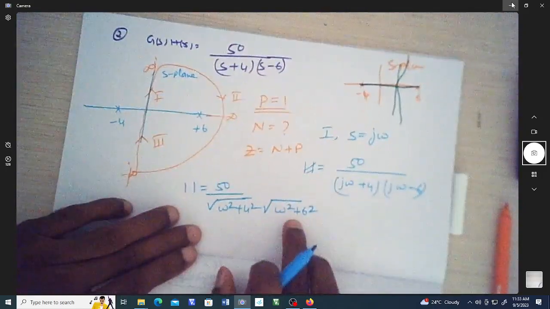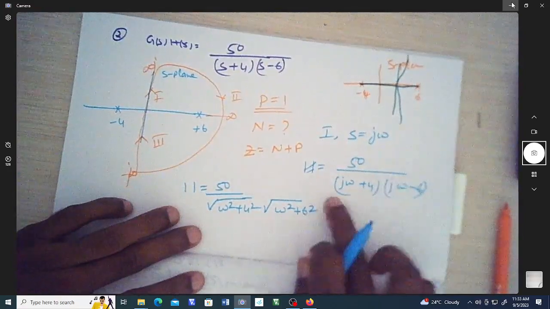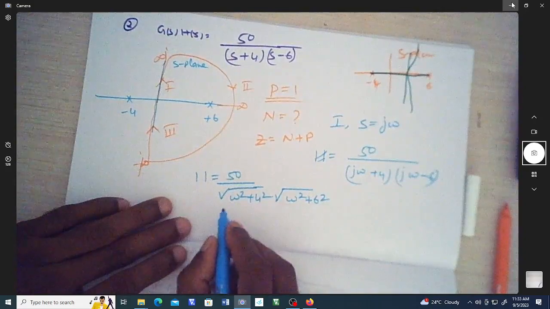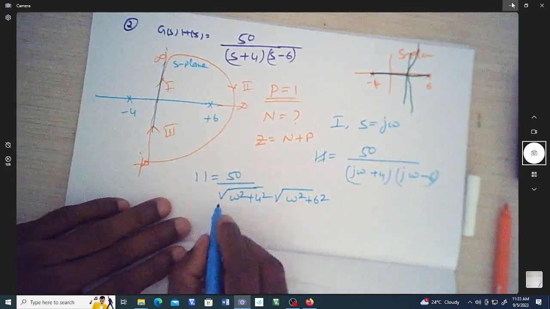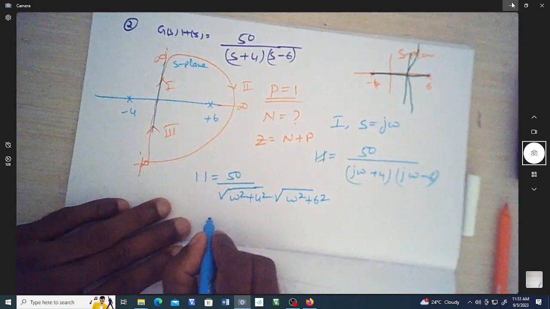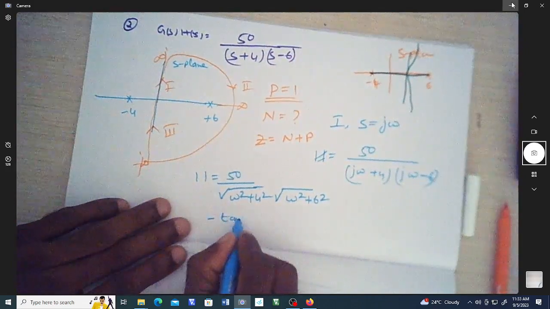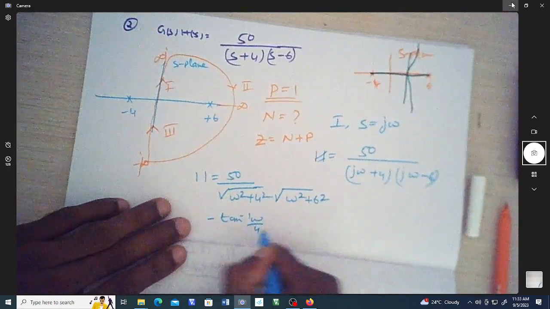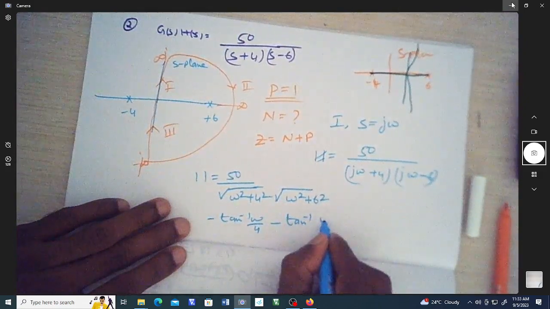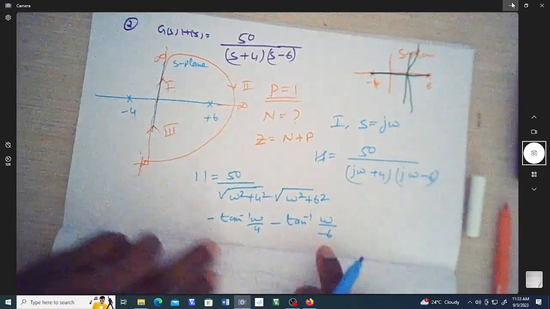The magnitude doesn't matter whether it is -6 or 6, but for phase, it matters a lot. So now what is the phase? It is minus tan inverse of omega by 4 minus tan inverse of omega by -6.